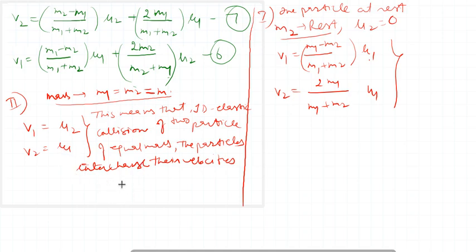So they interchange their velocities after collision. That's what we are getting, right? So this is the second case. Let me go to the third case now.